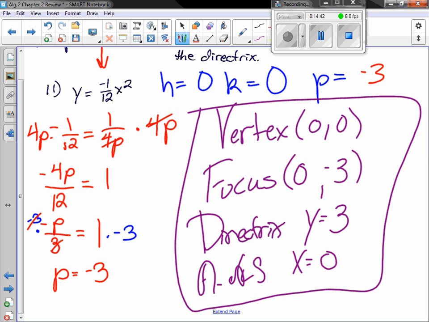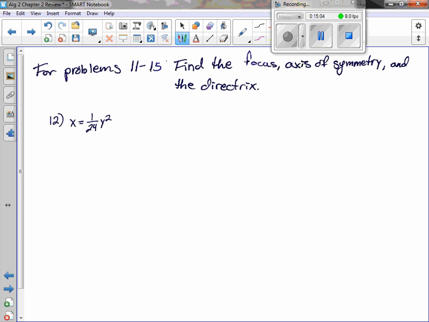They might be asked to find all of this, no matter what the equation is, as long as it's one of these two forms. You're probably going to be asked to find all 4. Questions on this here? Questions on this one here? Okay.